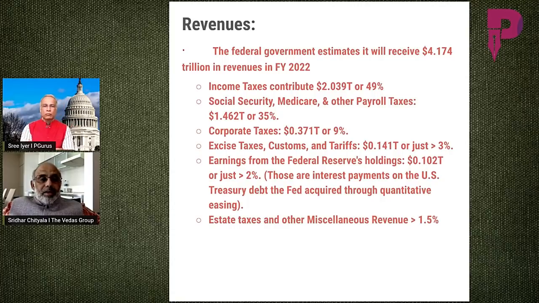So effectively, 85% of your revenue comes from direct taxes, which is income tax that people pay, as well as Social Security and Medicare, and a good chunk comes from corporate. Another area under the focus of the Democrats is a category called other within the direct taxes, or the income taxes, within the taxes category, and that is basically things such as your estate taxes and other kinds of things.